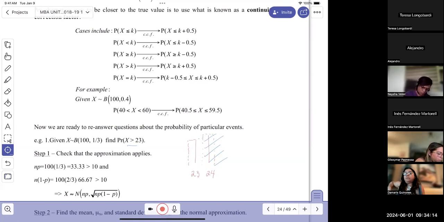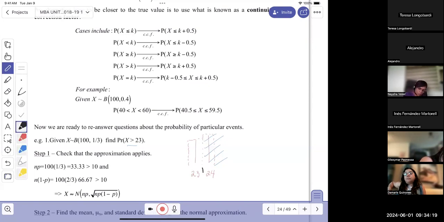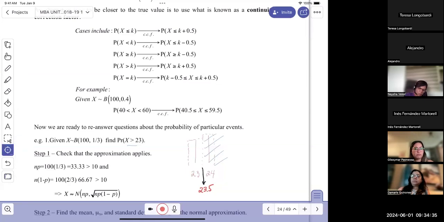Where would I be right here? At 23.5. So the continuity correction factor is either adding or subtracting 0.5 to account for this bar around the 23 and the bar around the 24.